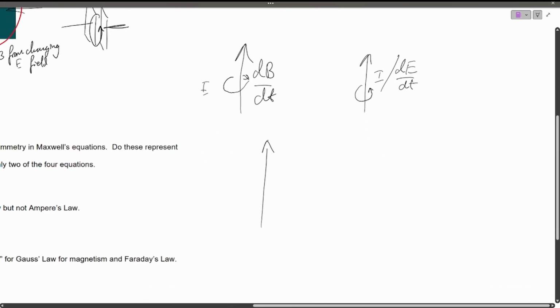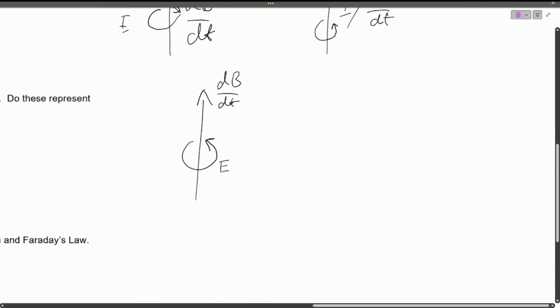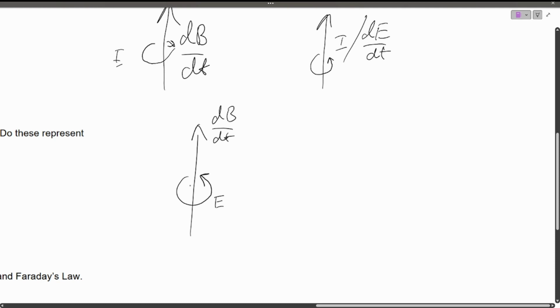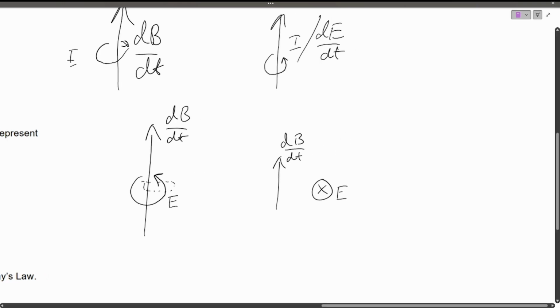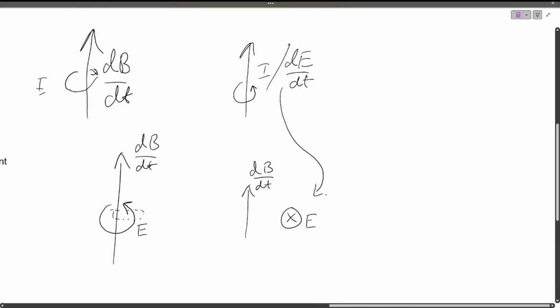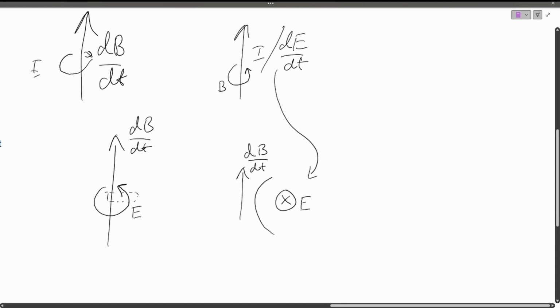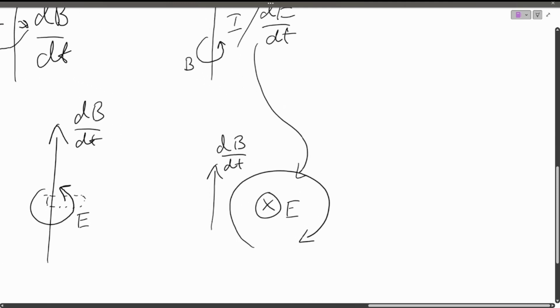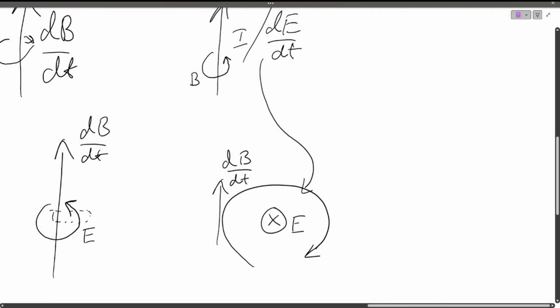In the left case, the arrow is dB dt, and the circle is E. If I zoom in on this part of the picture, we just have B there, and E there, dB dt, E. Then if we use this one, don't think too hard about if this is actually allowed, you would find the B field is going around this way, which checks out because where it touches the other B field line, the dB dt, they're pointing in the same direction.